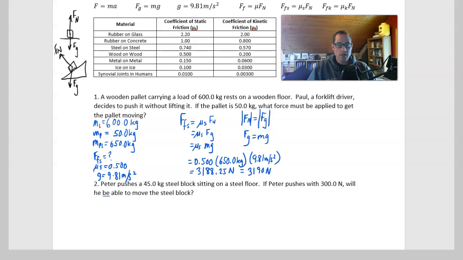Okay, and it says what force must be applied to get the pallet to move. So this is the static force. That means if you apply this amount of force to this pallet, it will still not be moving, but it'll just be about to move. And so it has to be greater than that.